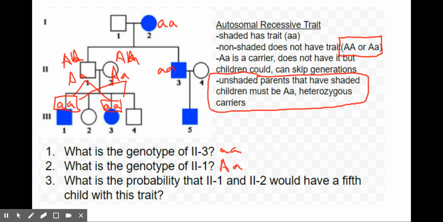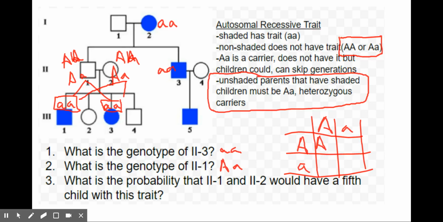What's the probability that 2-1 and 2-2 would have a fifth child with this trait? So now we know what 2-1 and 2-2 are. What is the probability that they are going to show up with little a, little a? And again, now this comes back to Punnett square business. What is the probability of having the trait?